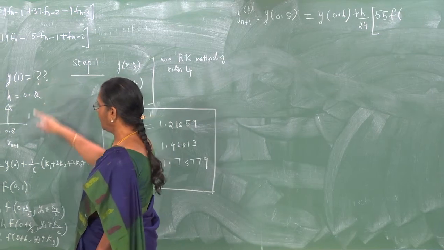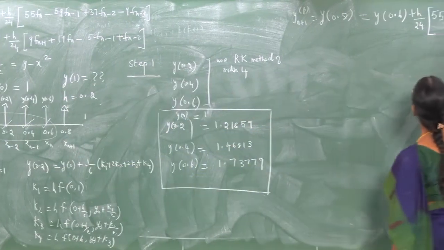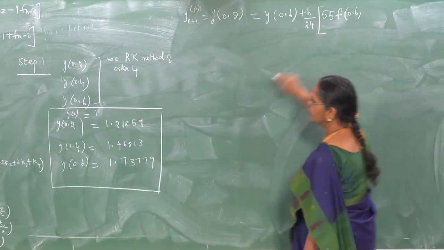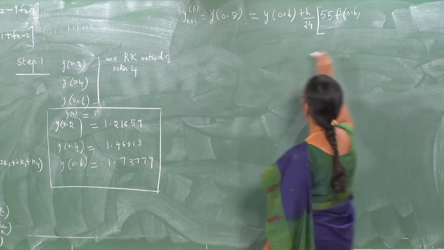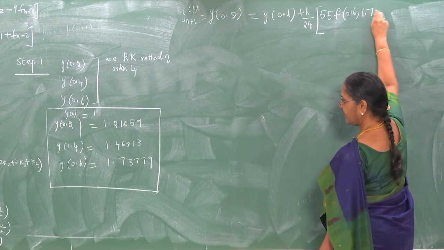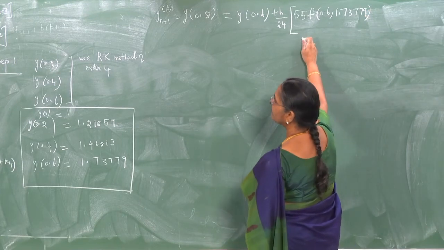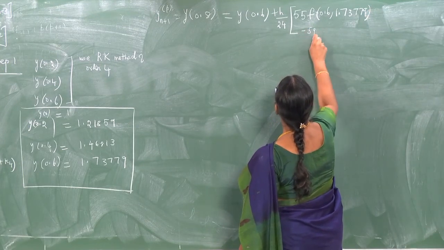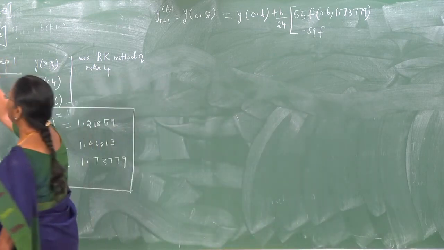It is f of xn comma yn. xn is 0.6. What is yn? We have just now obtained its value, that is 1.73779. Then the next term, minus 59 into f of, what is fn minus 1?